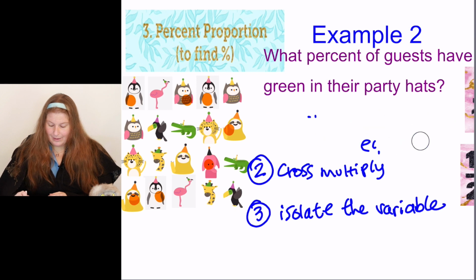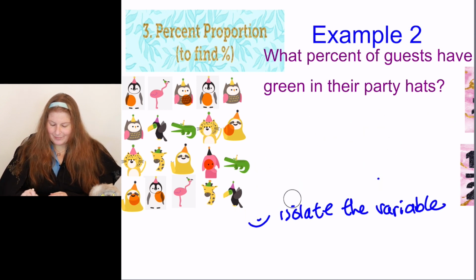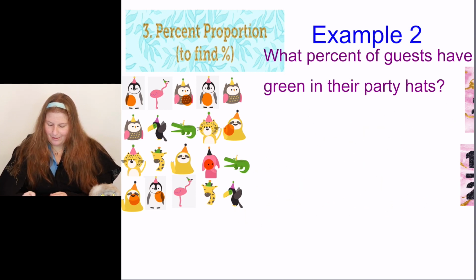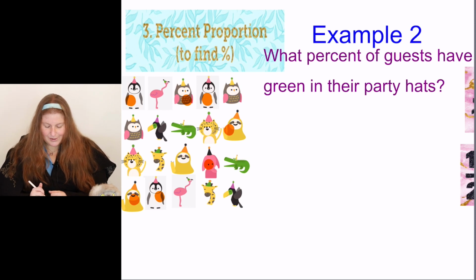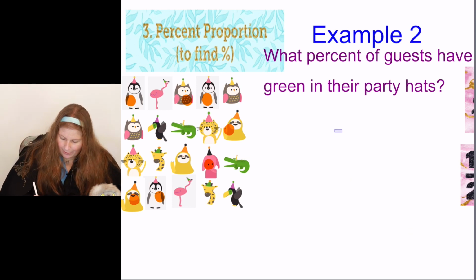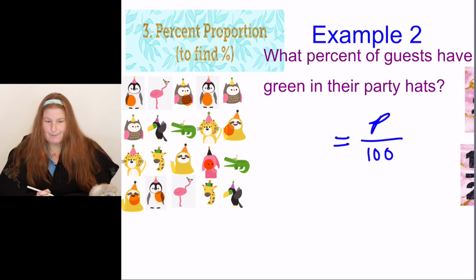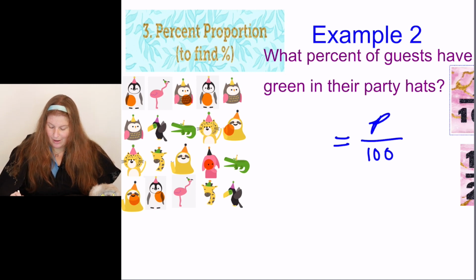equation, cross multiplying, and isolating the variable. All right, so the first thing I'm going to do is again put my equation where I have a part out of 100 that is missing. That's my mystery. That's the percent that I am solving for.